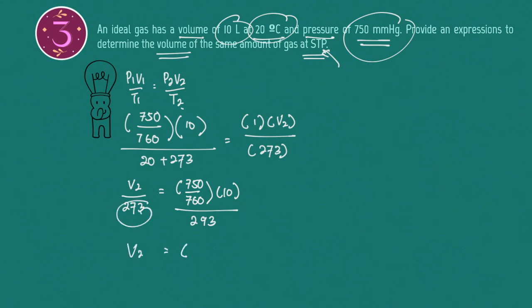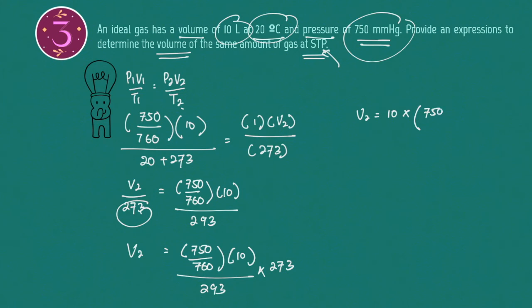So V2 is equivalent to 750 over 760 times 10 divided by 293 times 273. We can rearrange this again into V2 equivalent to 10 times 750 divided by 760 times 273 divided by 293. The unit shall be in liter. So this is the final answer for the third question.